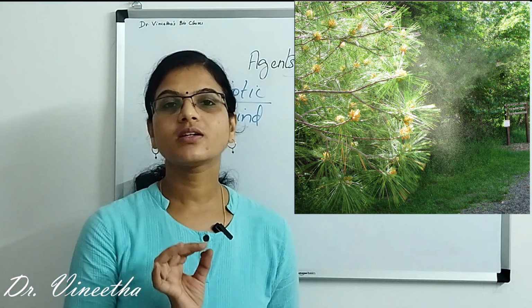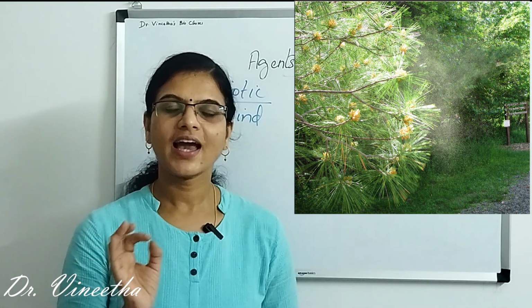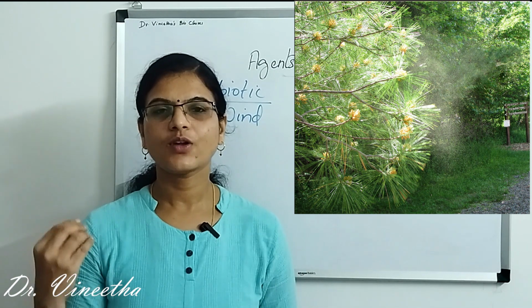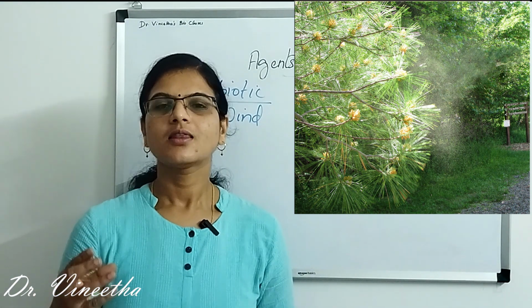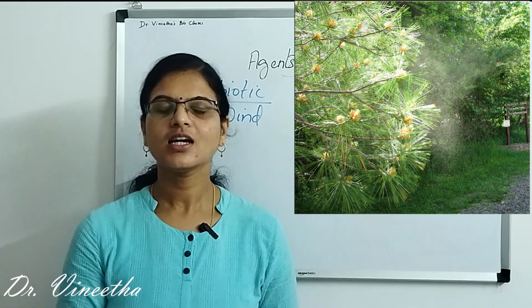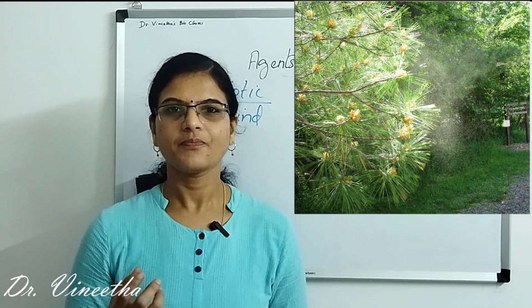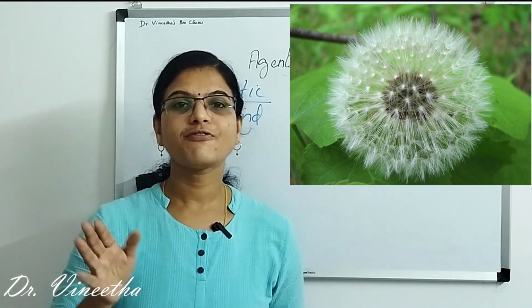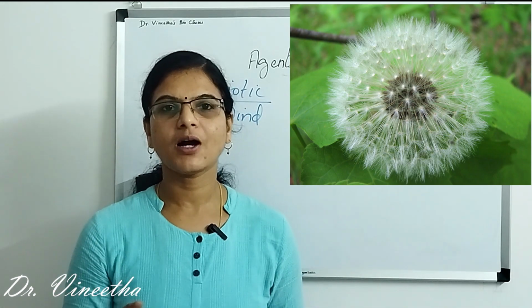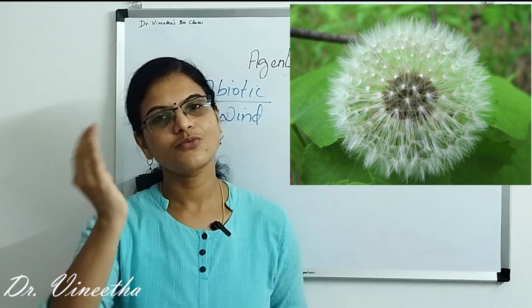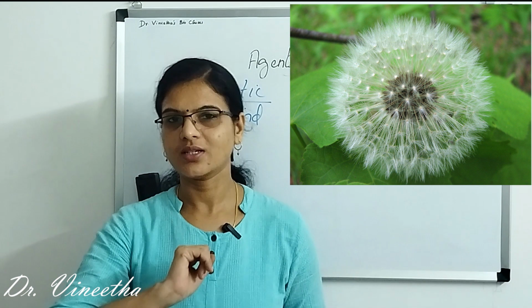The pollen grains should be lightweight and non-sticky in nature. Only if they are non-sticky and lightweight can the pollen grains move in the wind very easily so that they can reach their destination. Mostly, wind-pollinated flowers will have a feathery stigma so that it can trap the pollen grains which come in the wind.